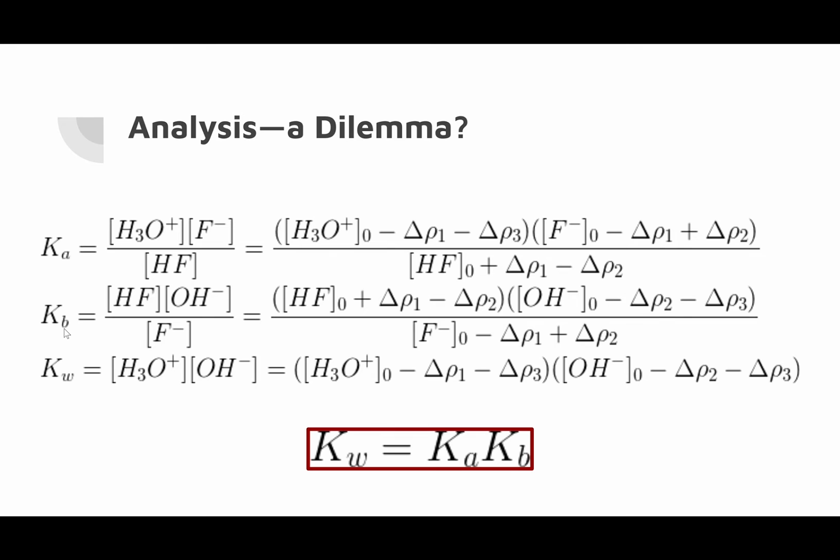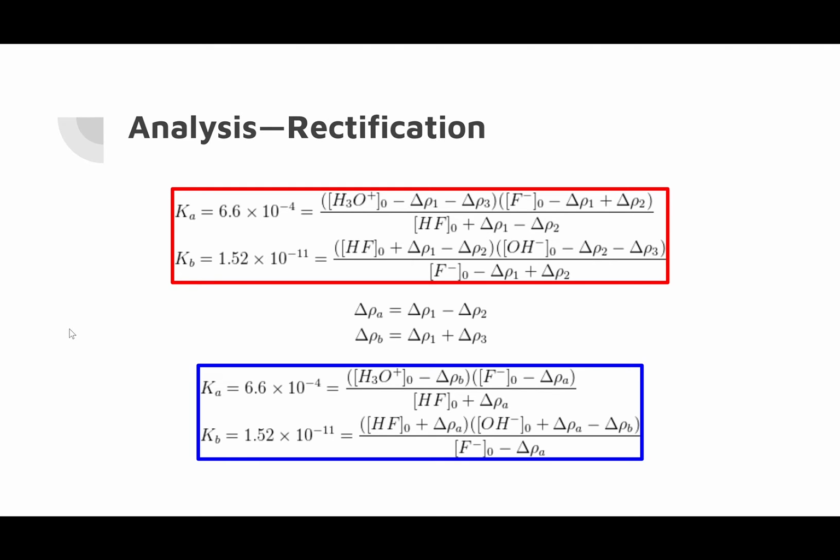And so we arrive at this dilemma that we actually don't have 3 equations for 3 variables. Instead, as I have in the red frame right here, we have 3 variables but 2 equations. But there turns out to be something you can do mathematically. Let's say you define delta rho A to be delta rho 1 minus delta rho 2, and delta rho B to be the sum of delta rho 1 and delta rho 3.